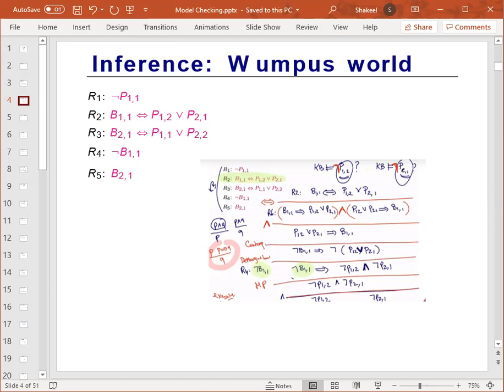What we want to prove here, for example, is that KB entails the proposition P12, that's a question. And that's another question. Can we use inference rules on this knowledge base to derive information about whether this is true or false, and whether this is true or false?